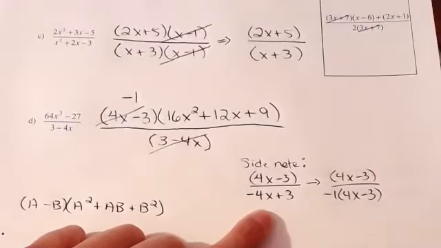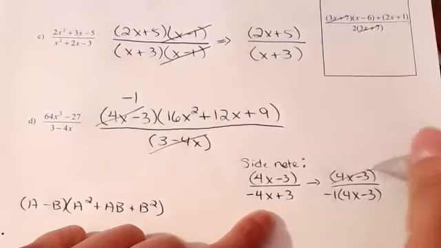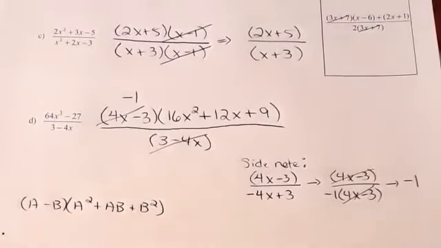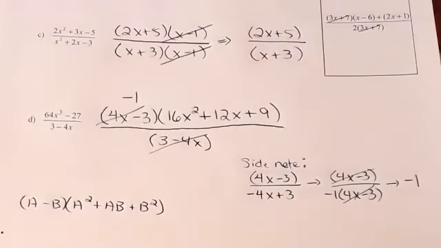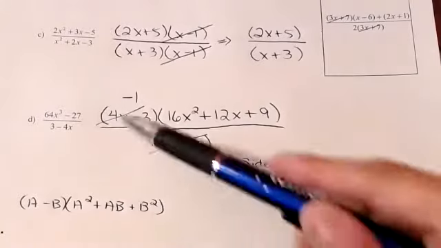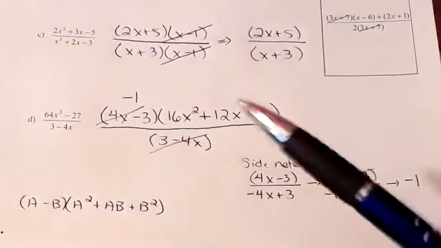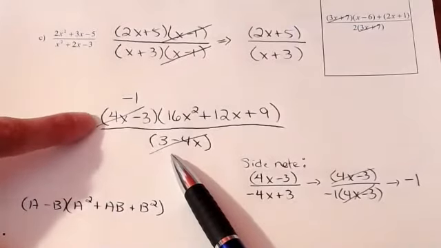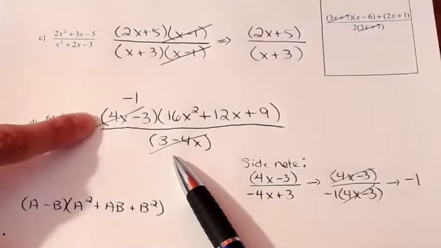I'm left with 4x minus 3. These cancel, and my answer is -1. If you can recognize these quote unquote distant cousins, then you won't have to go through the process of rewriting, factoring out the -1, then canceling. Simply recognize that when you cancel these, they are going to leave you with a -1.